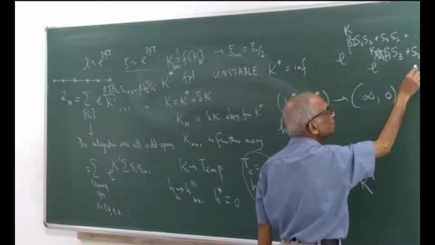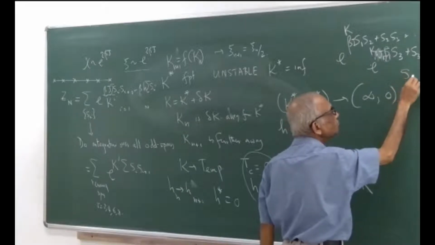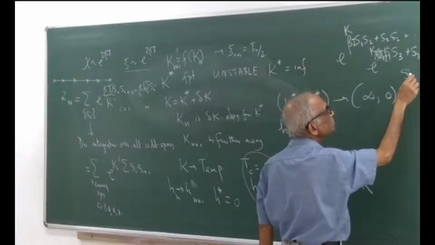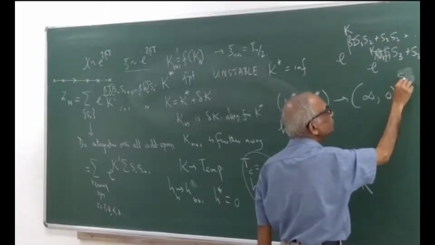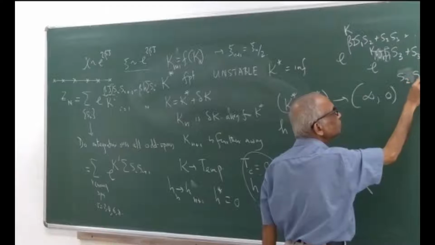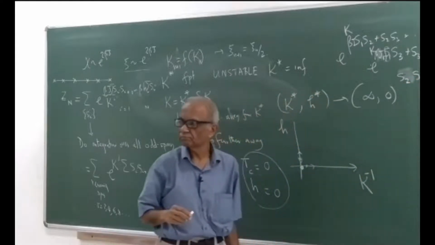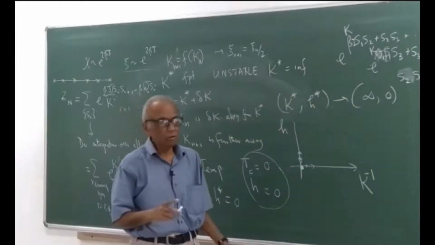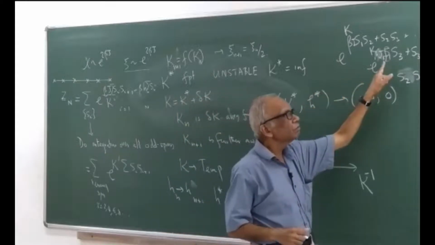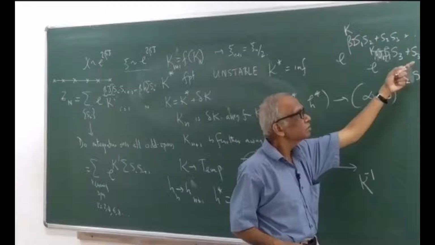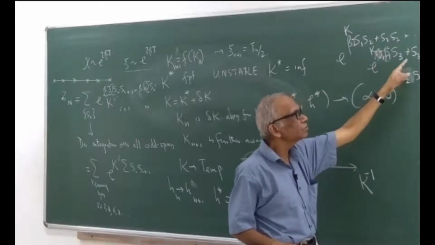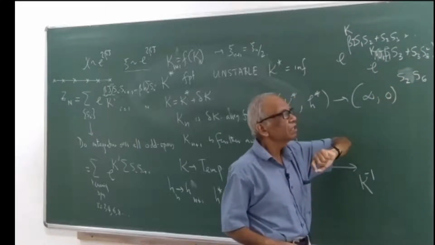You would find that you would be ending up with something which looks like all the odd ones gone, and I would be left with S2 coupling with S6 over here. All the odd ones are going to go, so this is going to go away because I'm going to trace over S1, S3, and so on.